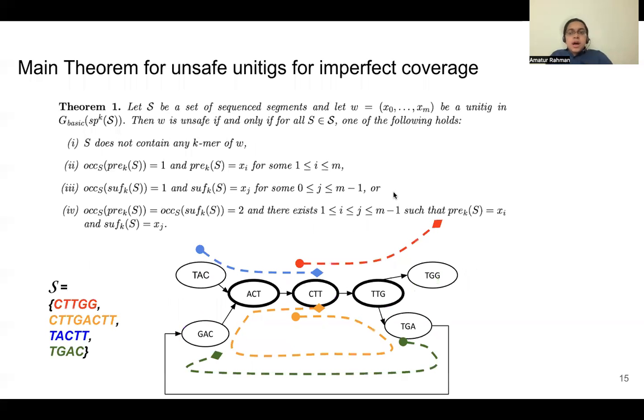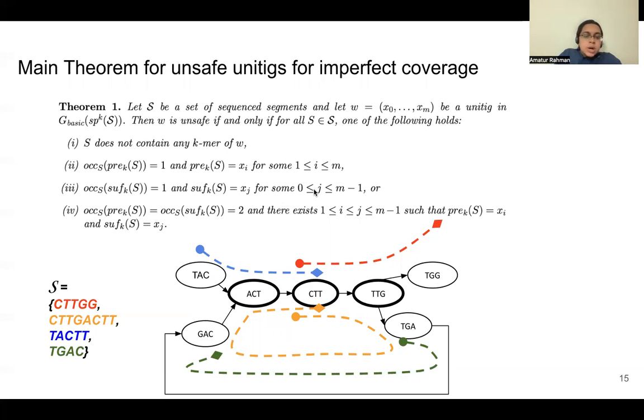Okay, so now that we know what sequence segment is, we can start with a set of sequence segments, and then we can answer whether a particular Unitig W is unsafe. And we can do that using this theorem that we've proved in our paper. And this is the main theorem for unsafe Unitigs for imperfect coverage.